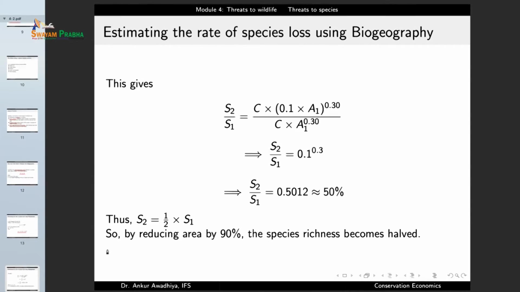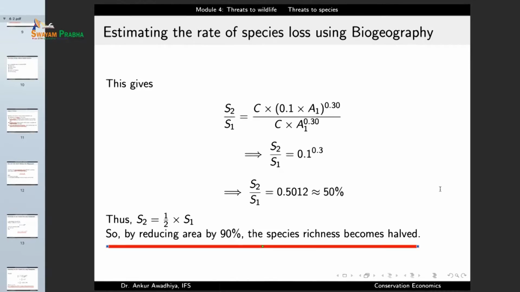So which is telling us that even when the area has been reduced by 90%, the species richness has only become half, which means that out of the complete area of the island, you have removed 90%, only 10% remains. But even in this 10%, 50% of the species that were earlier there in the island will find a representation. Only some species that have larger home range requirements would be extinct.